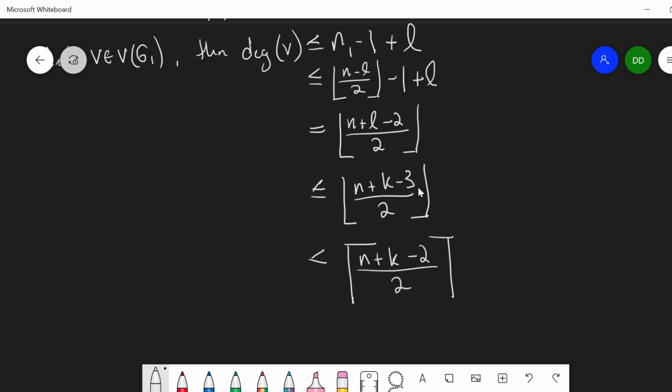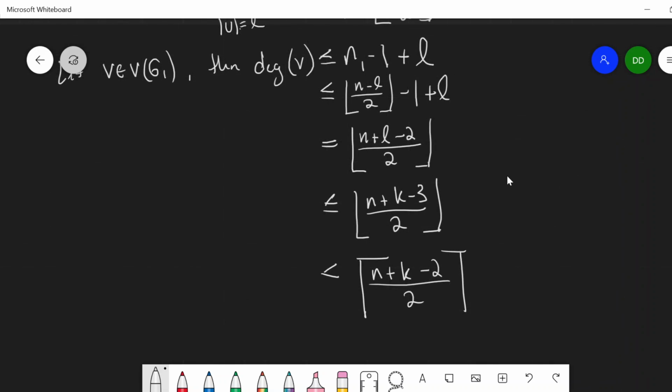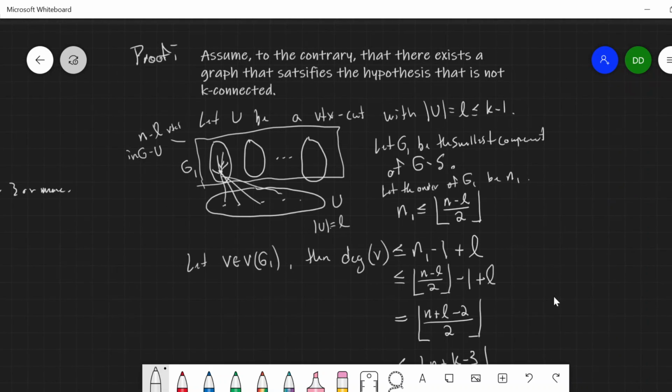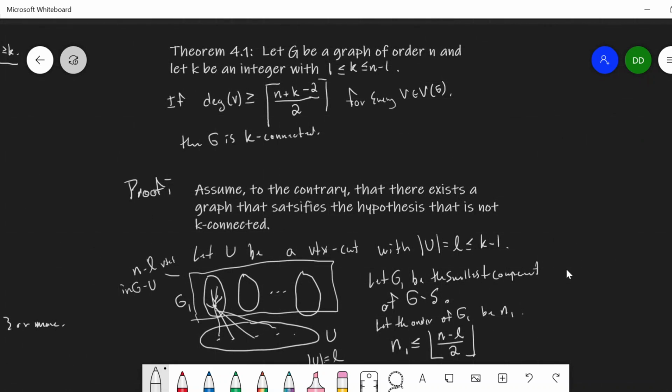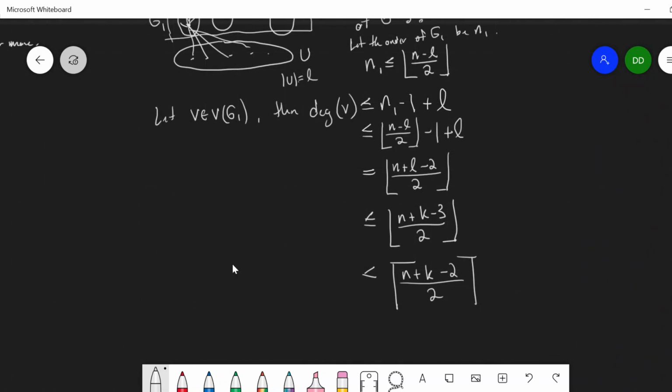It's 1/2 less than this, so if I switch the floor for the ceiling, I'll have a strict inequality here. Then I have a vertex with degree strictly less than this quantity. So this is a contradiction, and that finishes the proof.